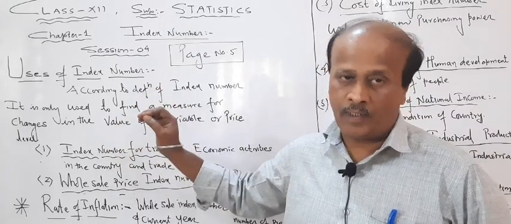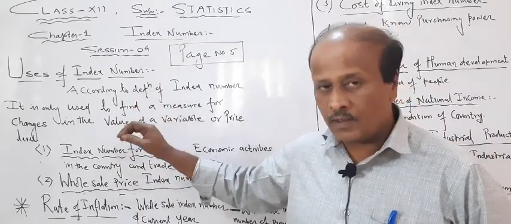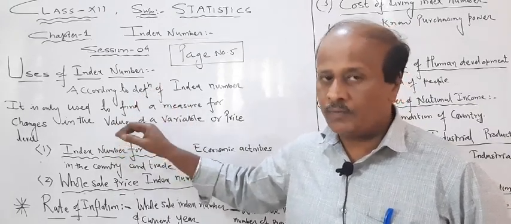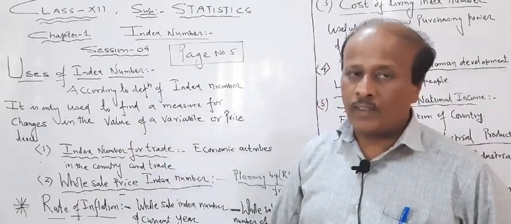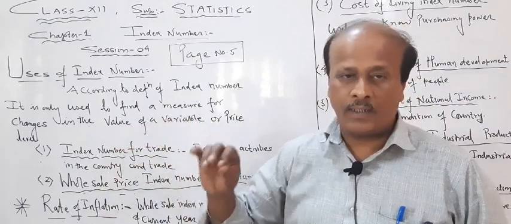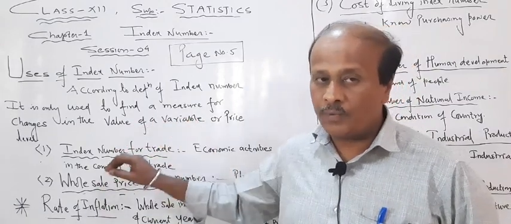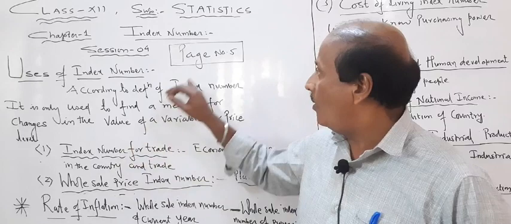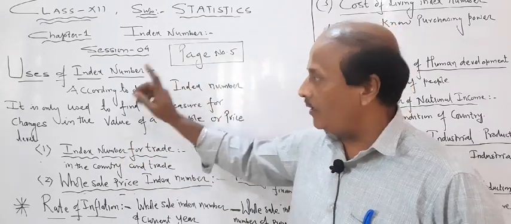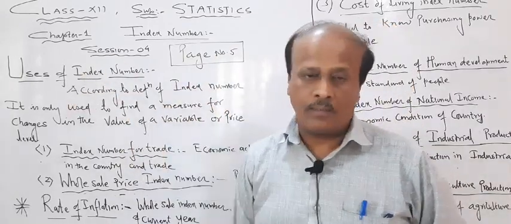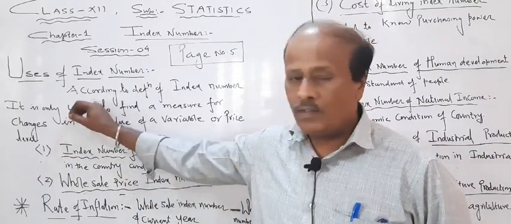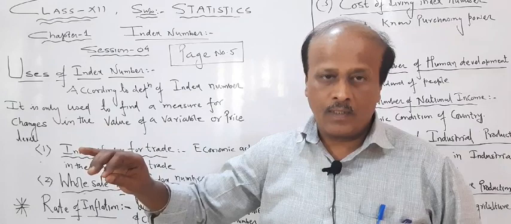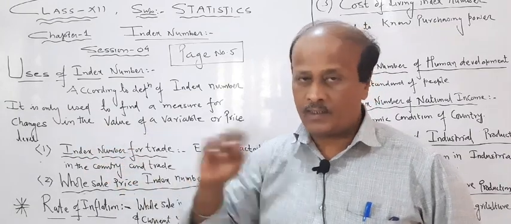Write the heading properly. Keep in touch with the textbook also, as we were doing in the previous classes, especially 11th class. When I told you to write an answer of any theoretical part, the heading should be proper. So here on page number 5, the heading given is uses of index number. The question will be asked in this way: what is index number? Write a few uses of index number.